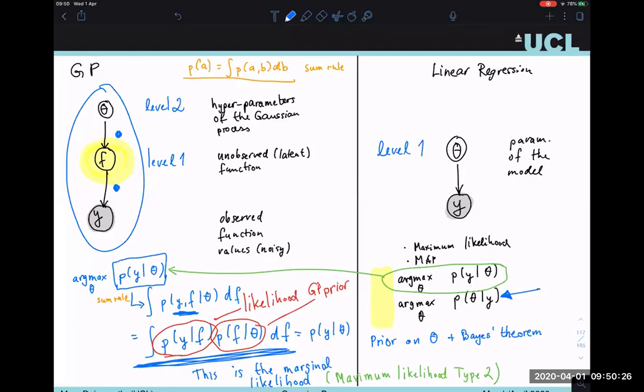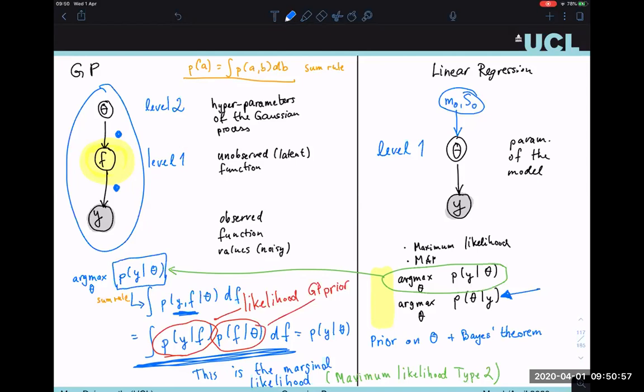There's no level 2. If so, maybe one thing to think about. If we were to place a specific prior in the linear regression setting, for example a Gaussian prior on theta, and we wanted to learn, for example, M0 and S0, then they would play the role of the hyperparameters as well.